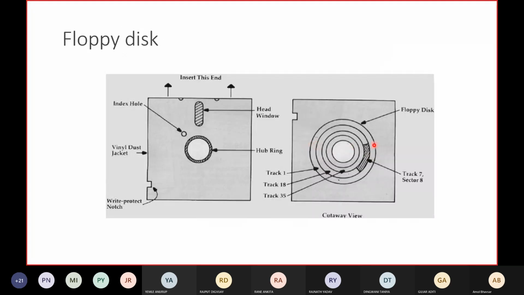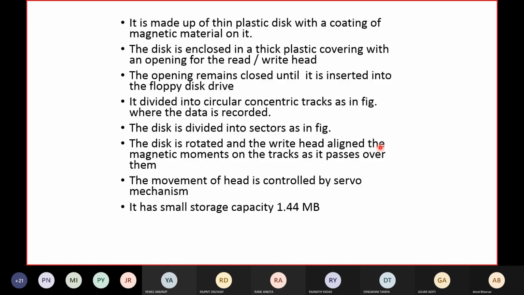Three sectors are there, and tracks. These rings are nothing but the tracks, and the sectors are between these two rings. As the disc is rotated, the write head aligns the magnetic moments on the tracks as it passes over them. So the writing of data takes place on this magnetic disc.